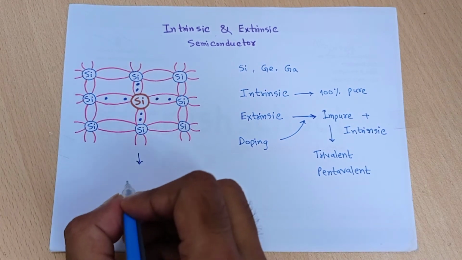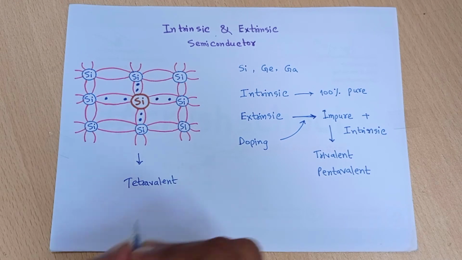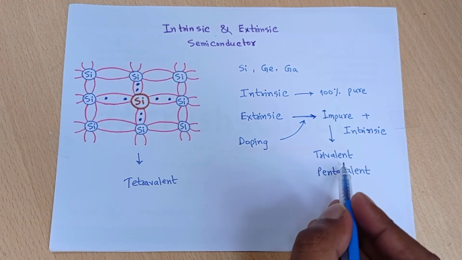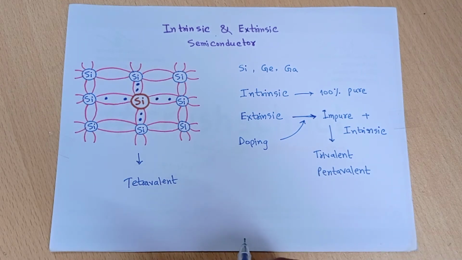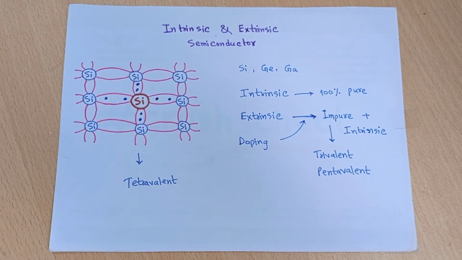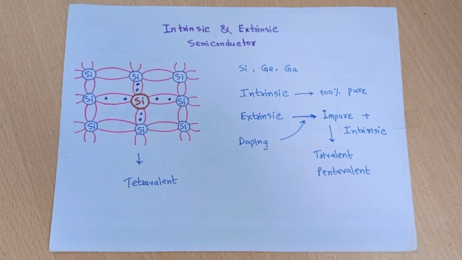So silicon is our tetravalent material. So we only use material which is trivalent. Trivalent means the material contains only three electrons at the outer shell of its atom, and pentavalent means five electrons are contained at the outer shell of the atom.